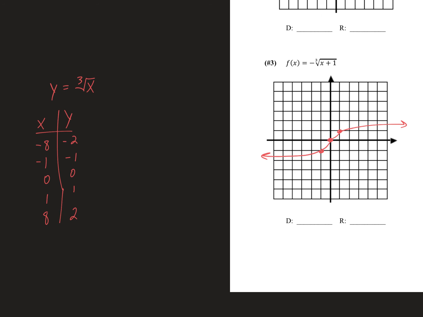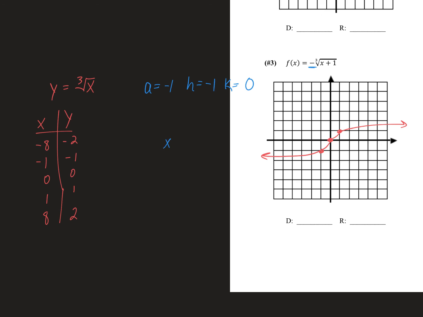The next thing I want to do is identify my A, H, and K. A is the number out in front of the radical, so that's negative 1. H is the opposite of the number under the radical. Right now we have a plus 1, so H is negative 1. K is the number to the right of the radical that we're adding, and we're not adding anything, so K is 0.